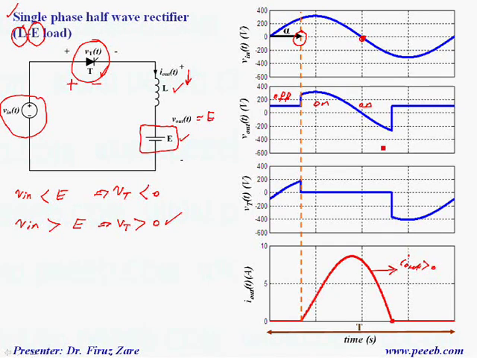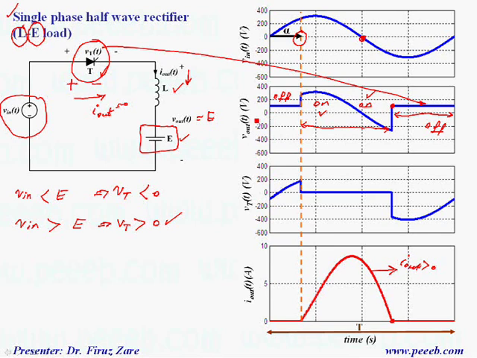So that's why the thyristor is on over this cycle. And just at this point, because the current through the thyristor becomes 0, the thyristor turns off. So over this period, the thyristor is off, and that will be the output voltage.